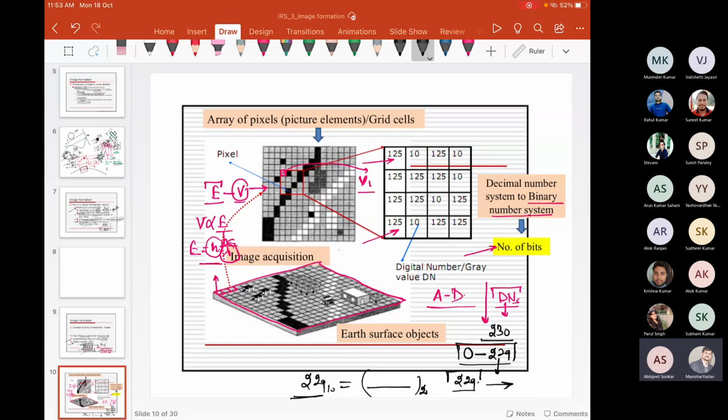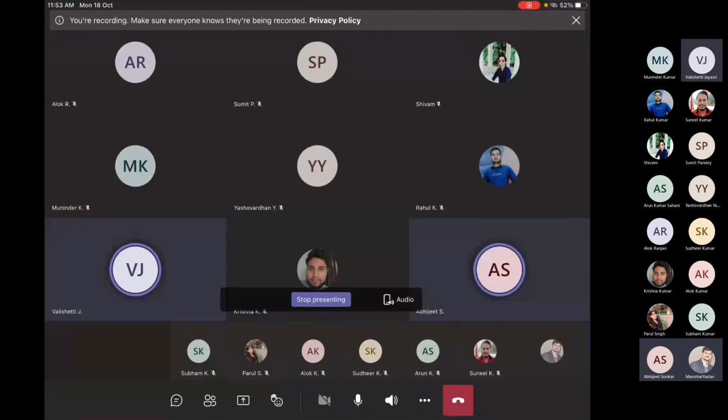Then how many bits are required? Anyone else? So log 229.